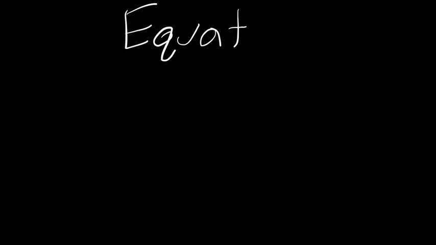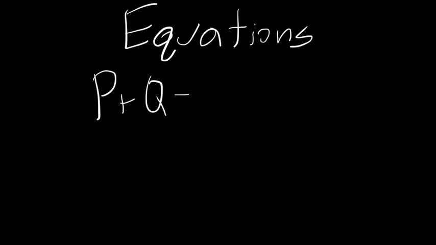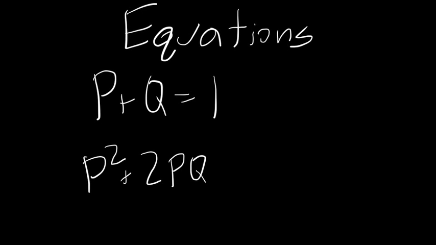Okay. In order to solve Hardy-Weinberg problems, you need to use these two equations. The first equation is p plus q equals 1. And the second equation is p squared plus 2pq plus q squared equals 1.